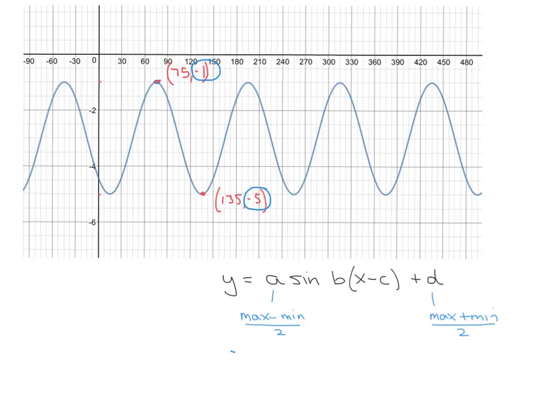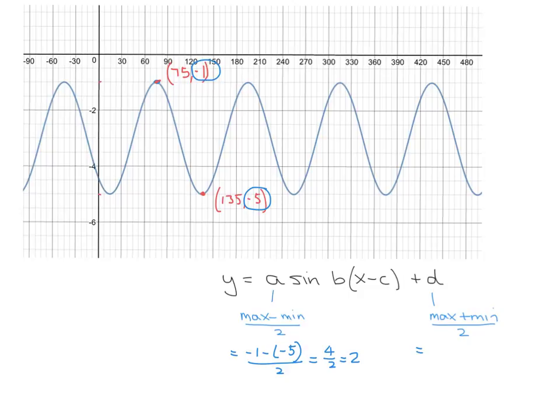We put that into the formula. We get negative 1 minus negative 5, max minus the min, divided by 2, and that's 4 over 2, which equals 2. So the amplitude is going to be 2, and we'll see how that's true in a minute.